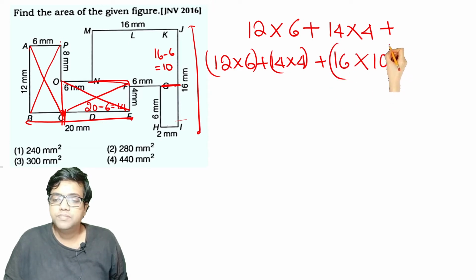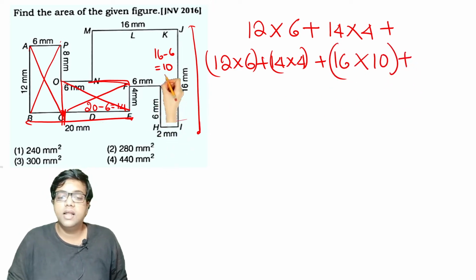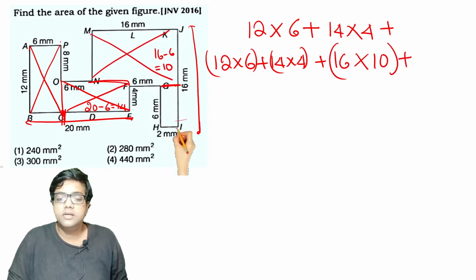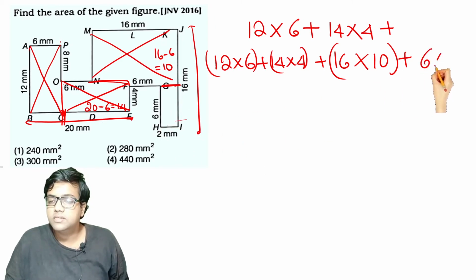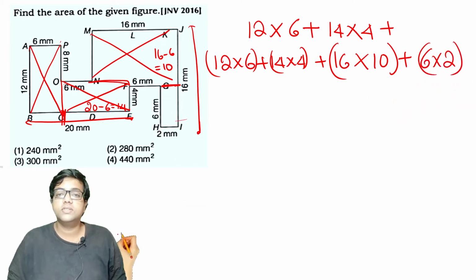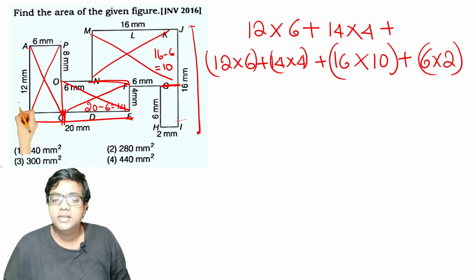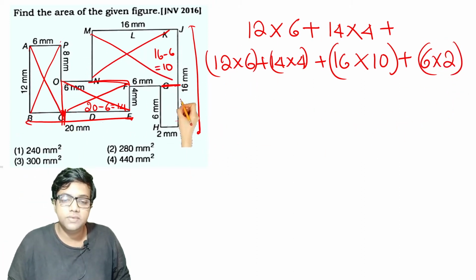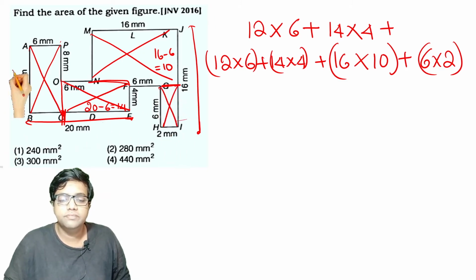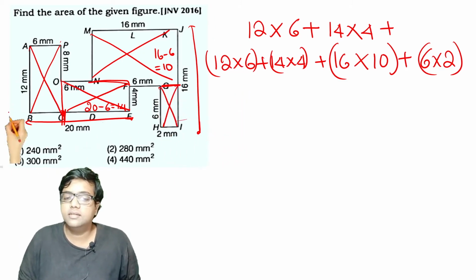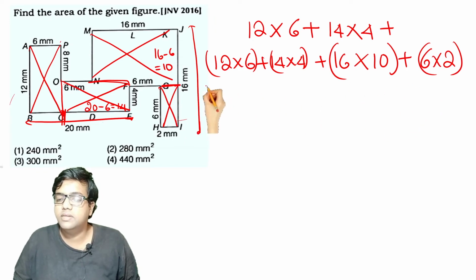Take that and add it to the last part, 6 mm into 2 mm. So this is what you will get as the total area of this rectangle. There are so many rectangles, so the area of this whole figure will be the summation of all these values.